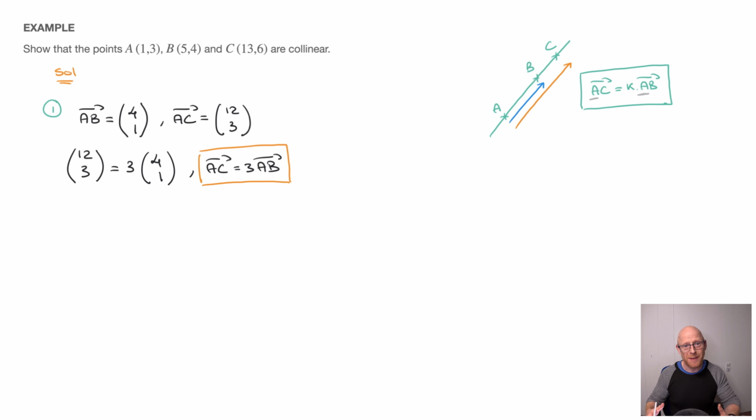And although that may not seem like much, it's important that you state that in your exam. So I'll go ahead and make that a second step.